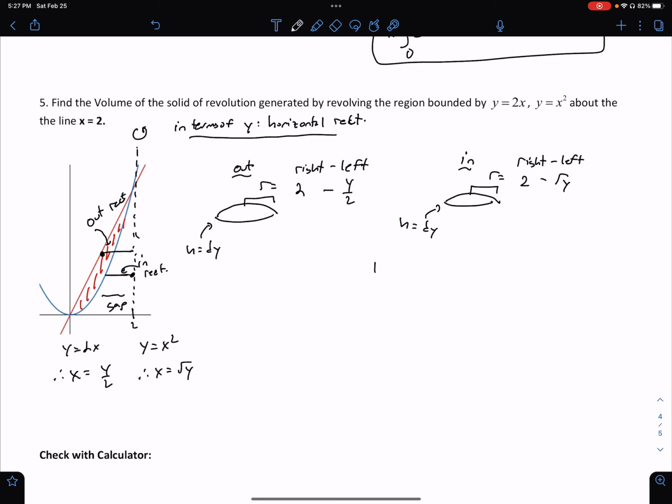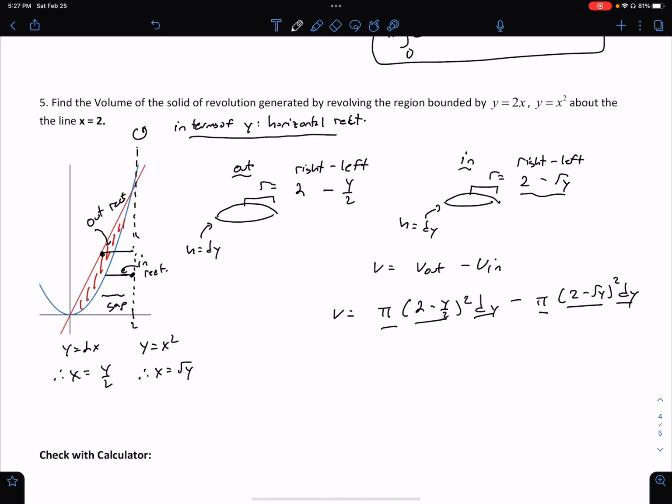So if I were to write this out, volume is volume of the outside minus volume of the inside. And I can write this, the outside volume is pi times (2 minus y over 2) squared dy, because remember volume is pi r squared h, minus pi, the radius of the inside, (2 minus root y) squared dy. Remember, pi r squared times h, where h is dy.